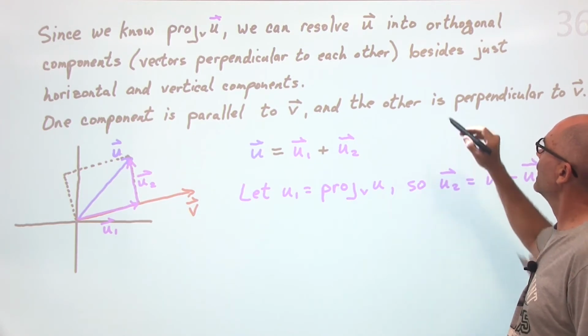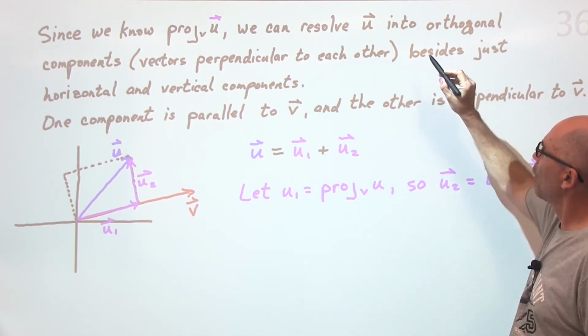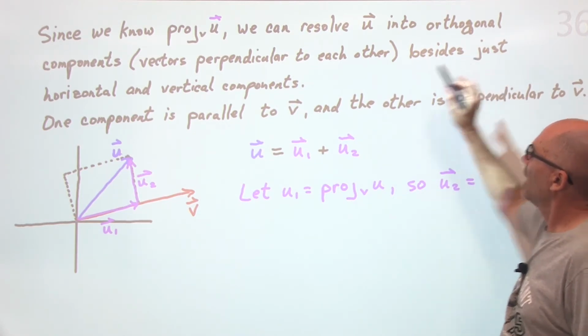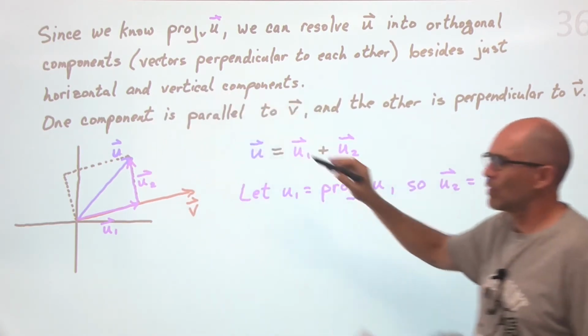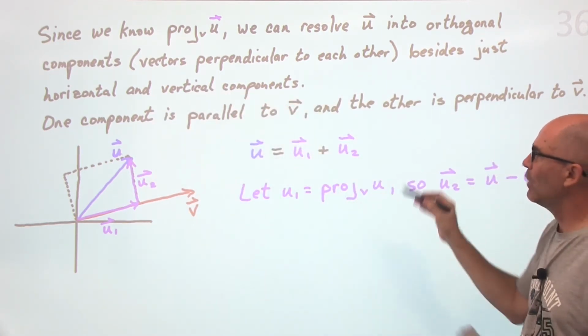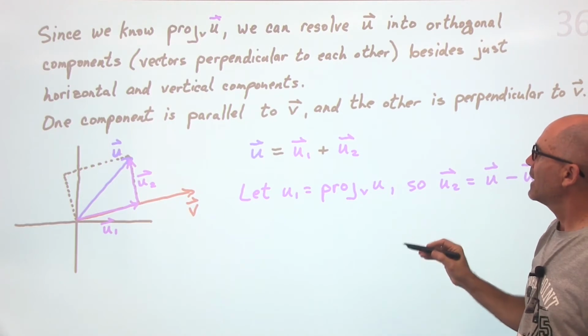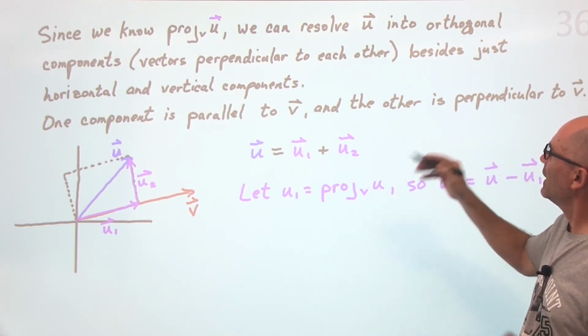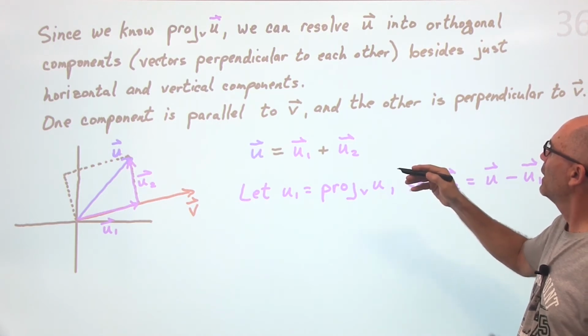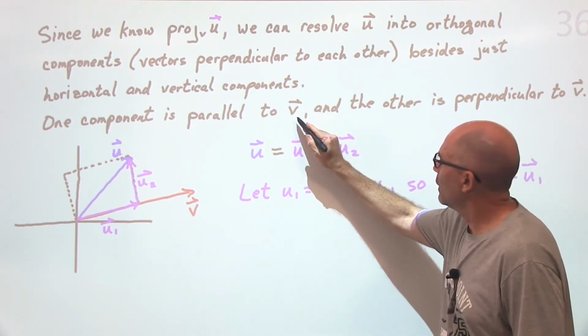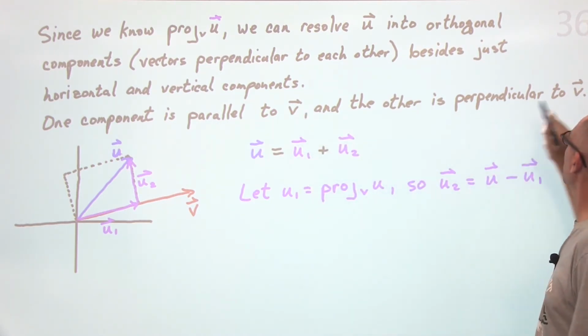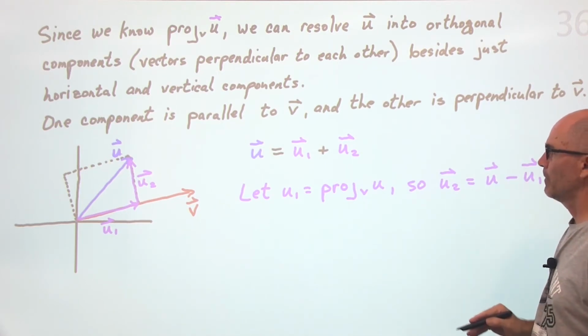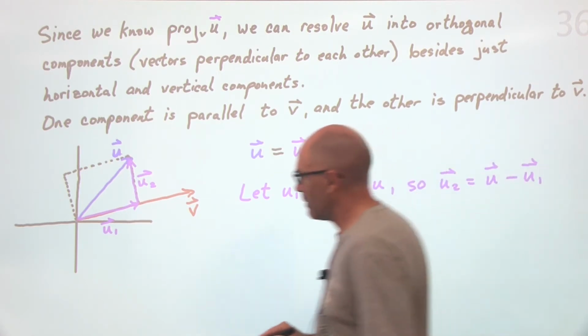Now, normally, we're interested in resolving a vector into its horizontal and vertical components, into its x and y. But in this case, we're interested in resolving it into components that are going to be parallel to vector v and perpendicular to vector v. So here's what I'm talking about.